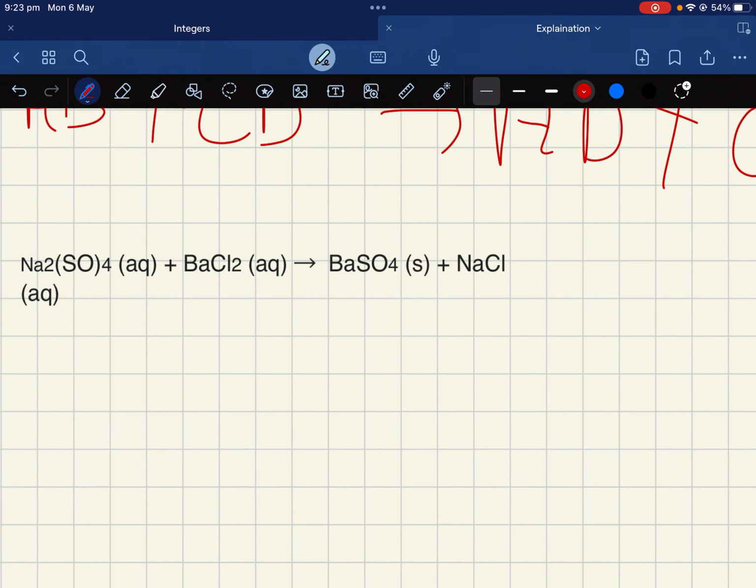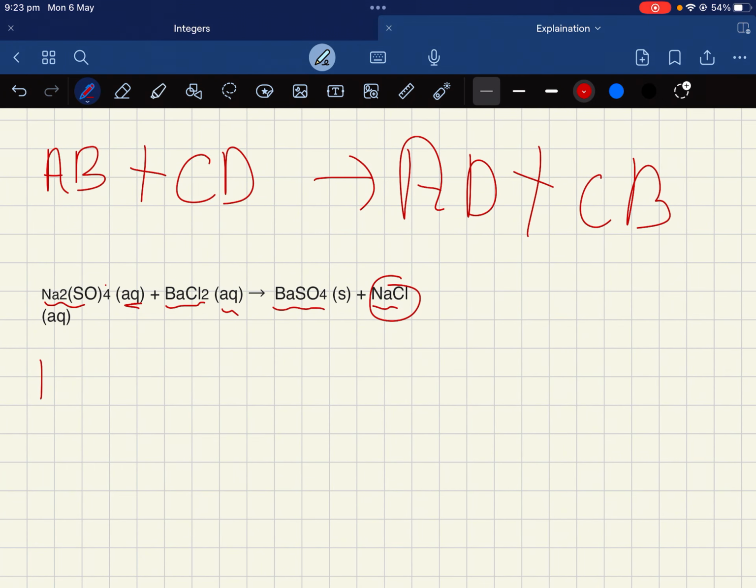We have an equation here. Sodium sulfate in the aqueous form plus barium chloride in the aqueous form reacting to become barium sulfate plus sodium chloride. Here a salt is being formed, that is NaCl. Now let us take a look.